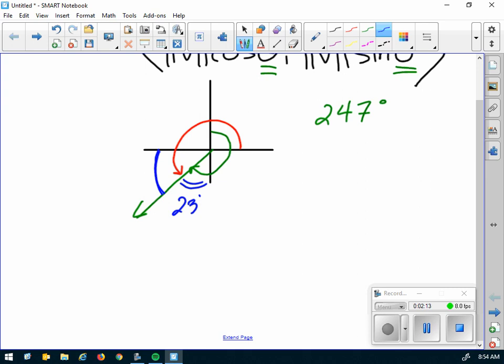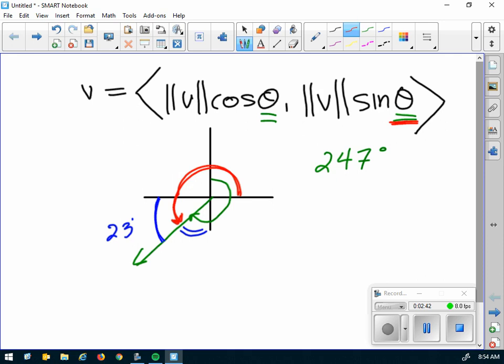Oh, so this is not 20. This is not 23. This is 23. Okay. What is the red angle then? It's 180 plus 23. So we would need to use an angle of 203 when we write it here, okay?